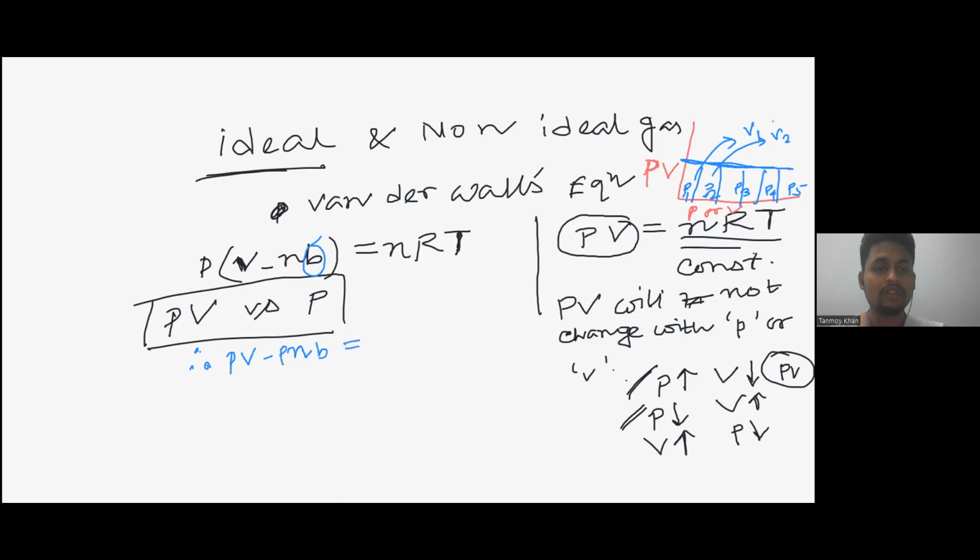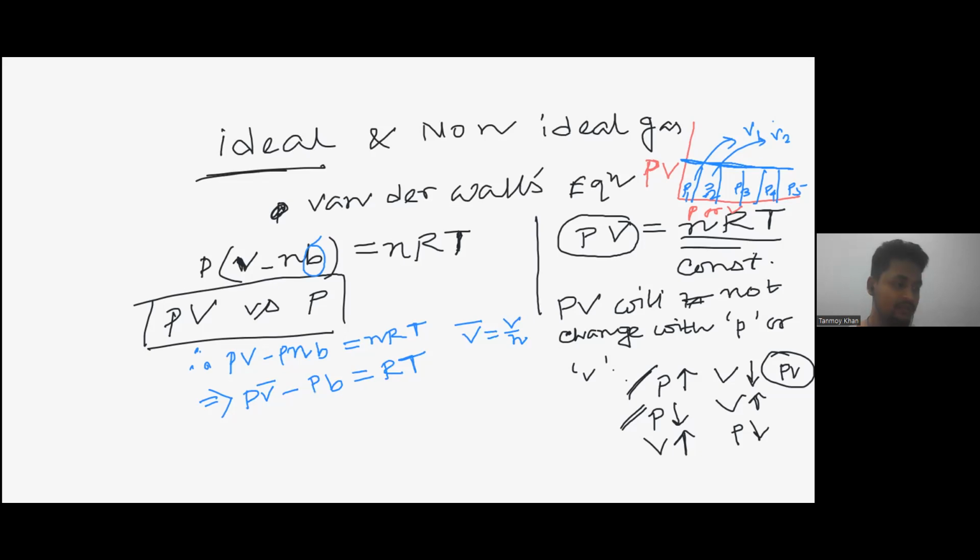If V by n is V bar, the molar volume, we divide this by n, so P(V bar minus b) equals RT. I'm just simplifying it. V bar is V by n, that is the molar volume.